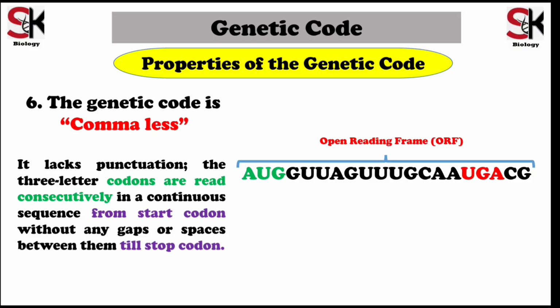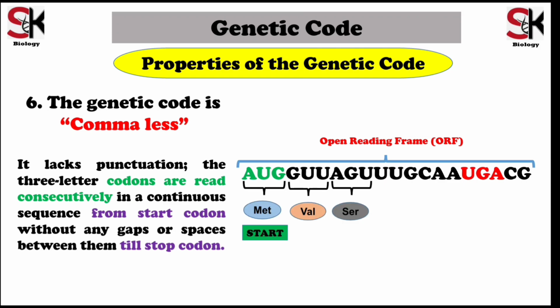Suppose this is the open reading frame in which reading will start from AUG, that is the start codon. Then the next 3 nucleotides will be read for a specific amino acid until it reaches the stop codon. So, there is no gap or comma in between the reading frame. So, the genetic code is commaless.